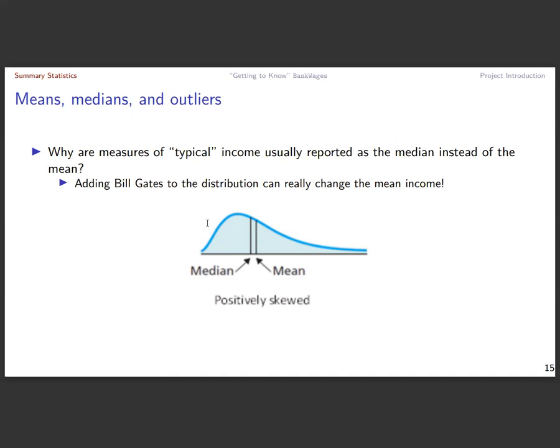A classical example is income. If you report the mean level of income in the US, it's skewed way right because of a handful of Jeff Bezos and Bill Gates and those people, but on average, those are like outliers. And so the median is going to be much more representative of the population than the mean in this particular case.